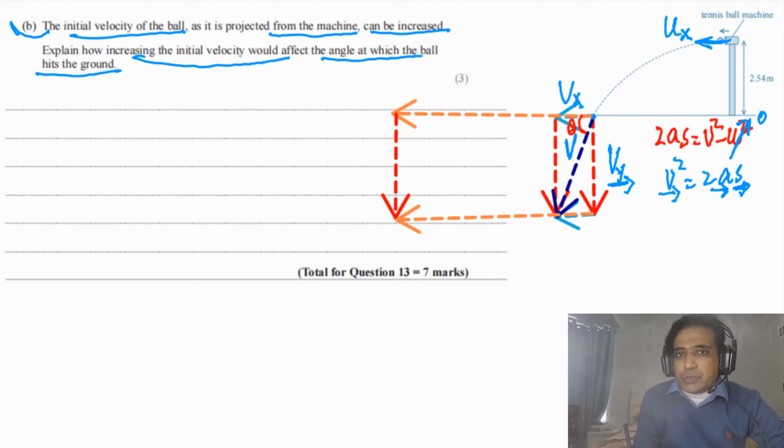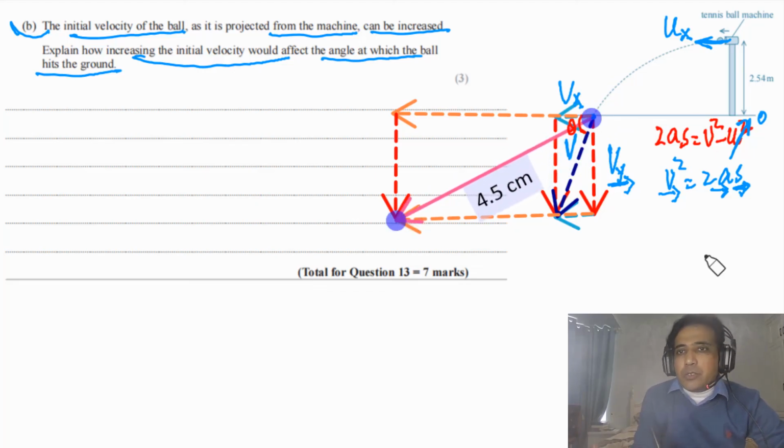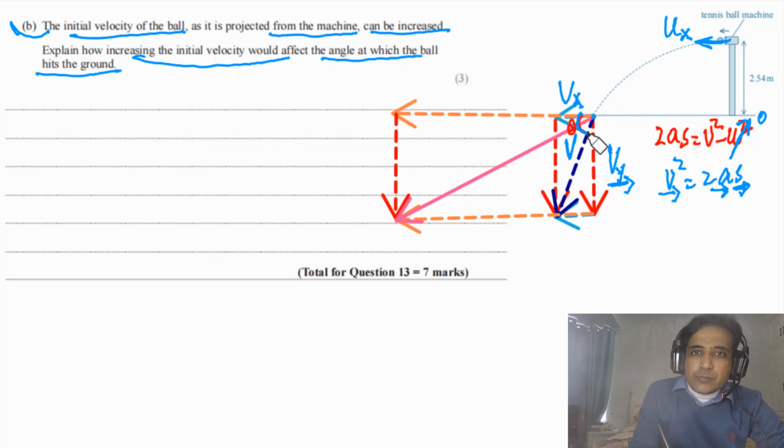So I'll be using different colors. Let me use pink color for this one. So I can draw this here. Now if you look at the angle, the initial angle we have is this one. So this was our first angle, you can see here, and our new angle is this one.